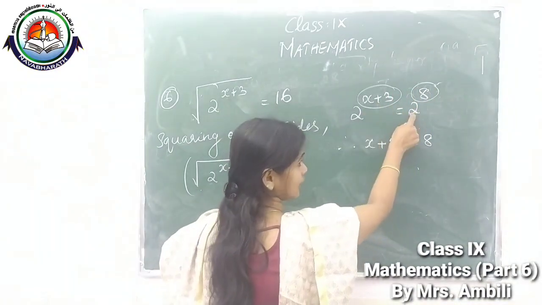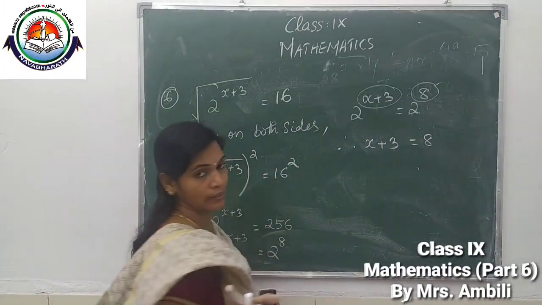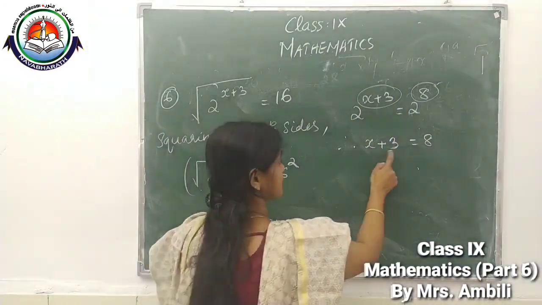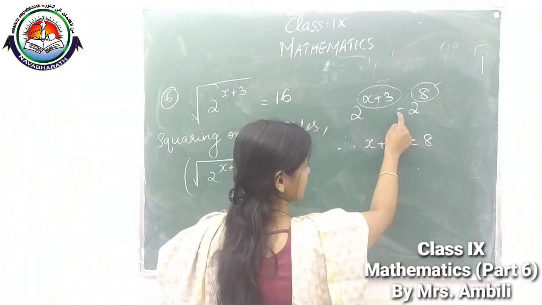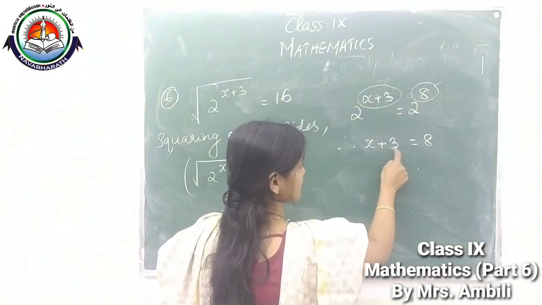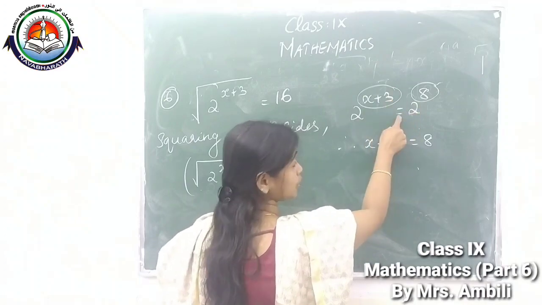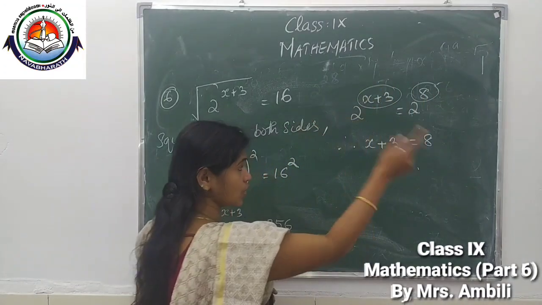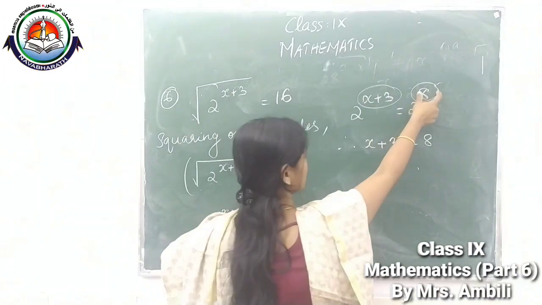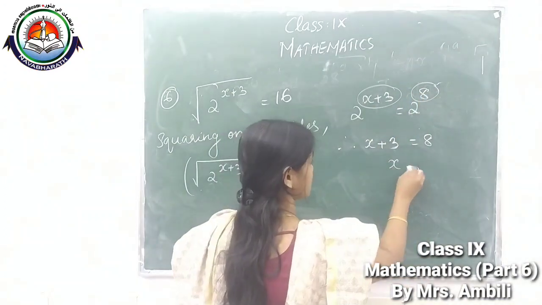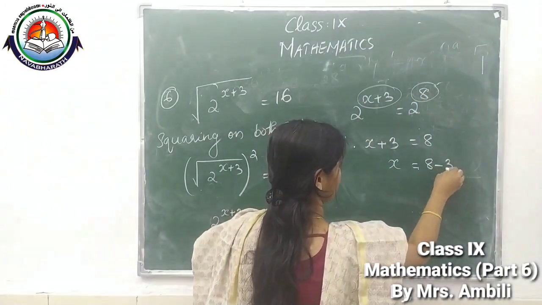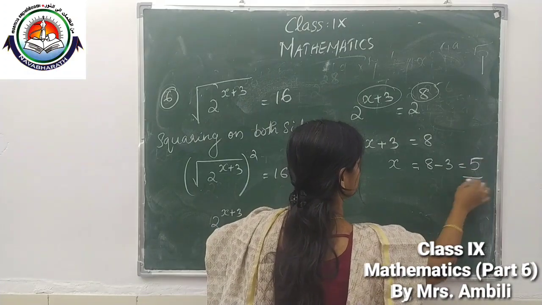If bases are equal, powers are also equal. So, x plus 3 equals 8. So, what is x? 8 minus 3 equals 5.